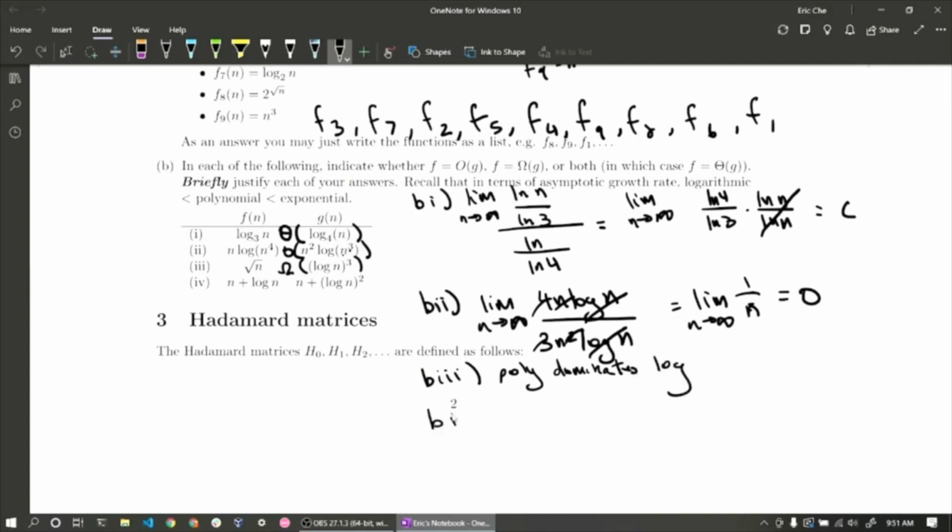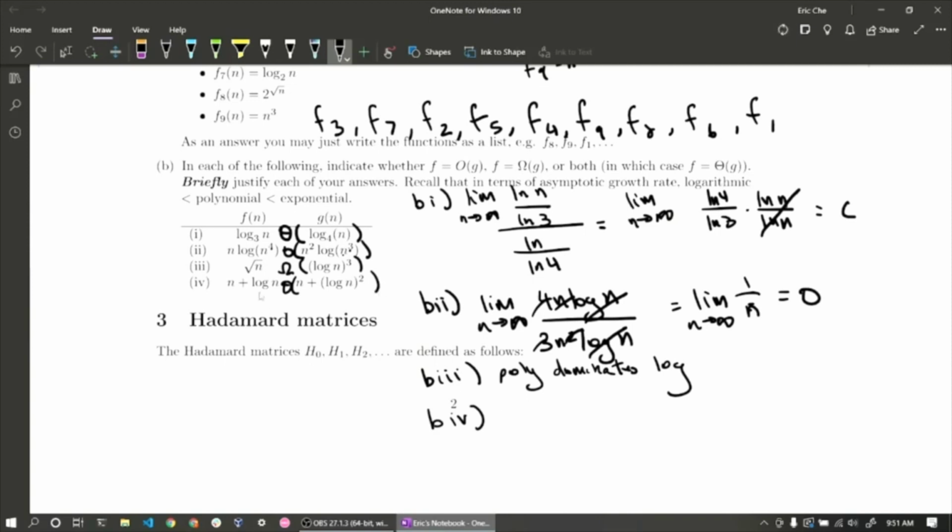Finally, B4, n log n and n plus log n squared. I want you to take a wild guess and think to yourself what this solution would be. 3, 2, 1. The solution is that it's theta.